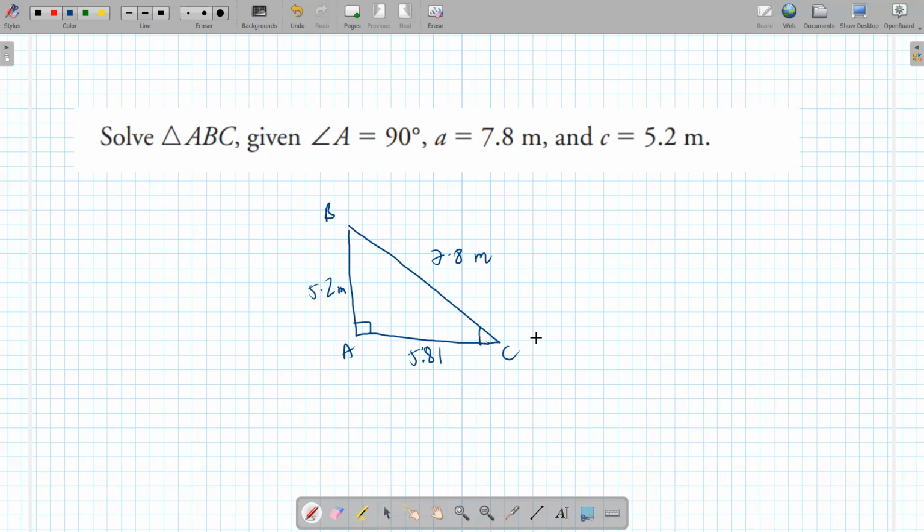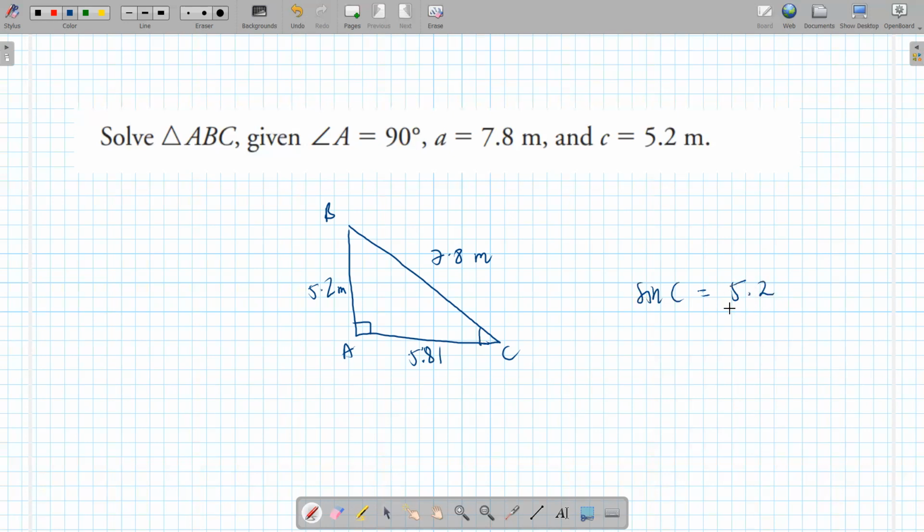You could do sine, for any of them. So sine C is equal to what? 5.2 over 5.81.